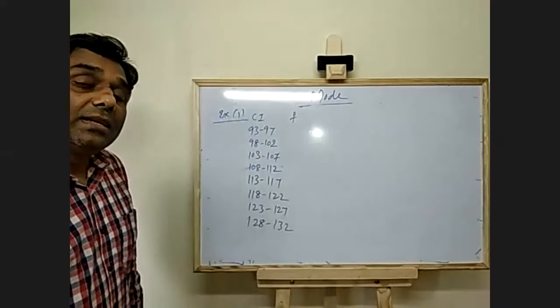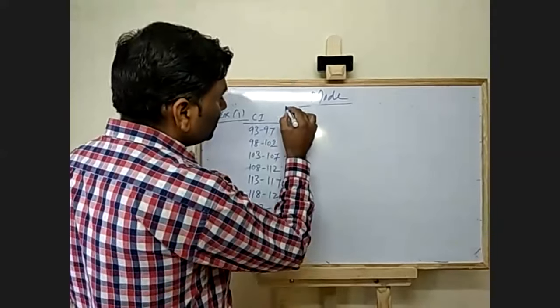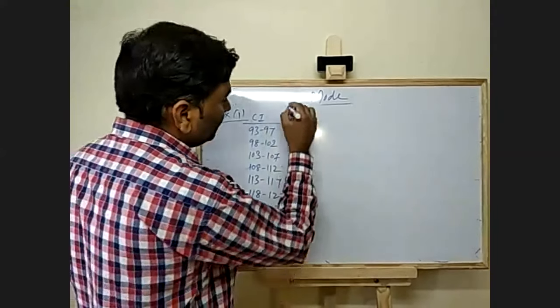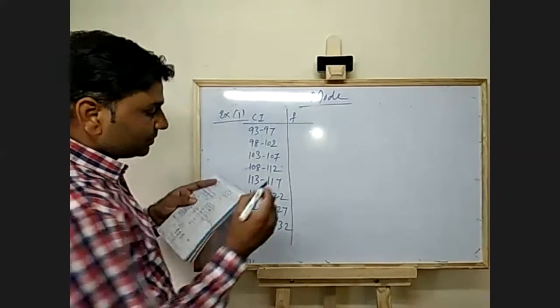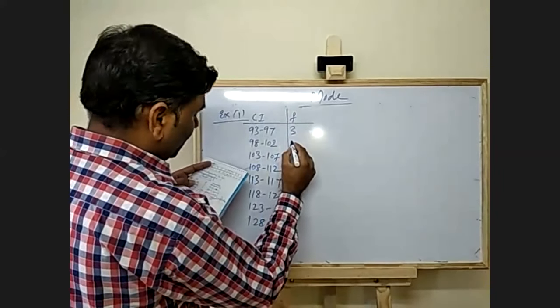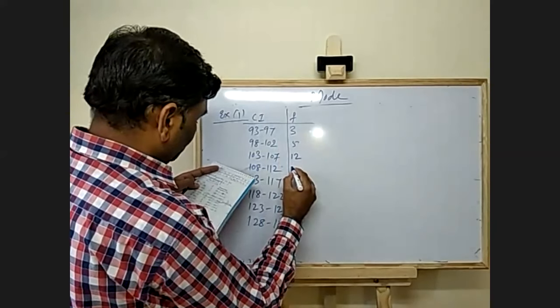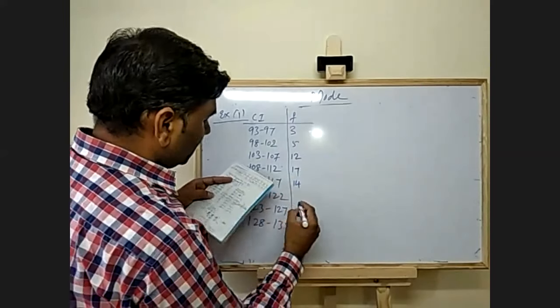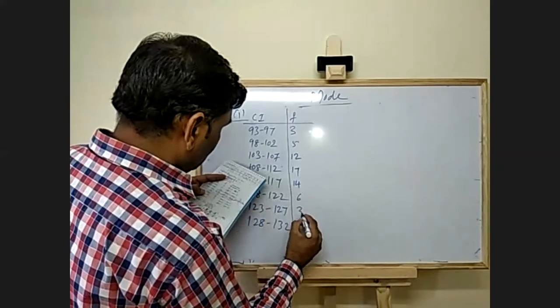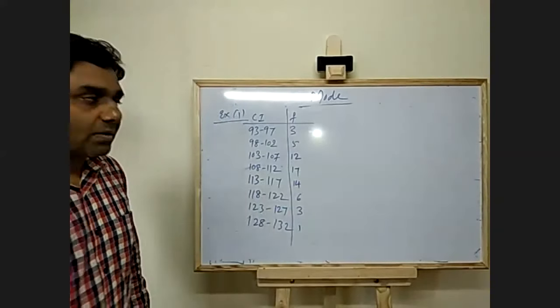These are the class intervals given. Now they have also given you the frequency. The frequency for each class interval is 3, 5, 12, 17, 14, 6, 3, 1. This is the frequency given.